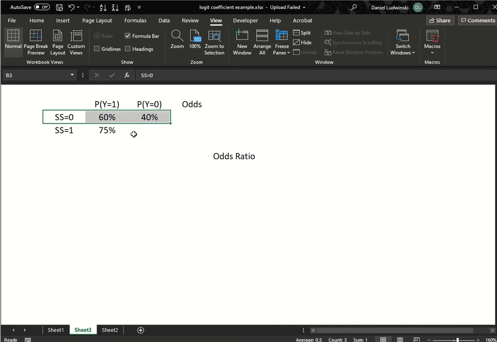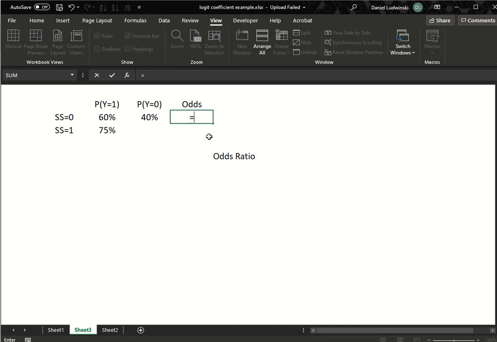Alright, so the odds are defined as the probability that y equals 1 over the probability that y equals 0. So if you don't go to the study session, the odds are 1.5 in favor of passing.